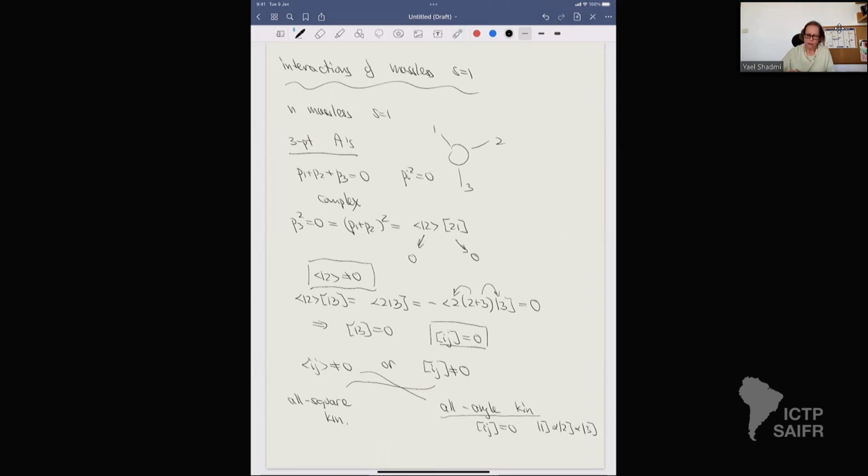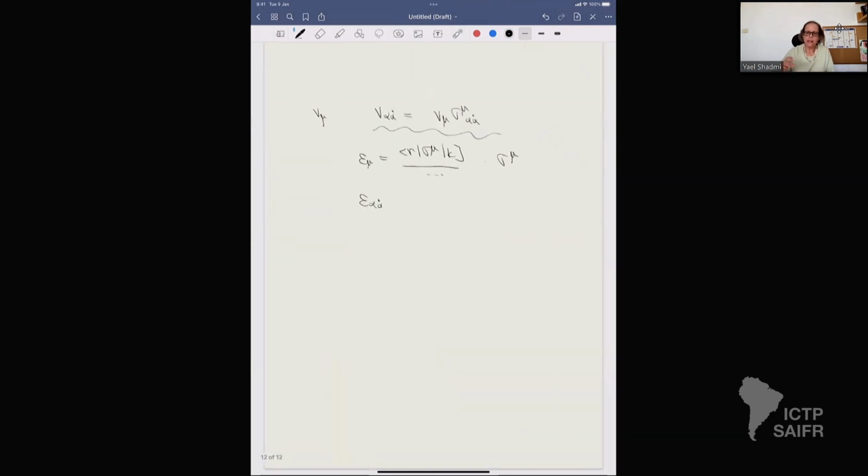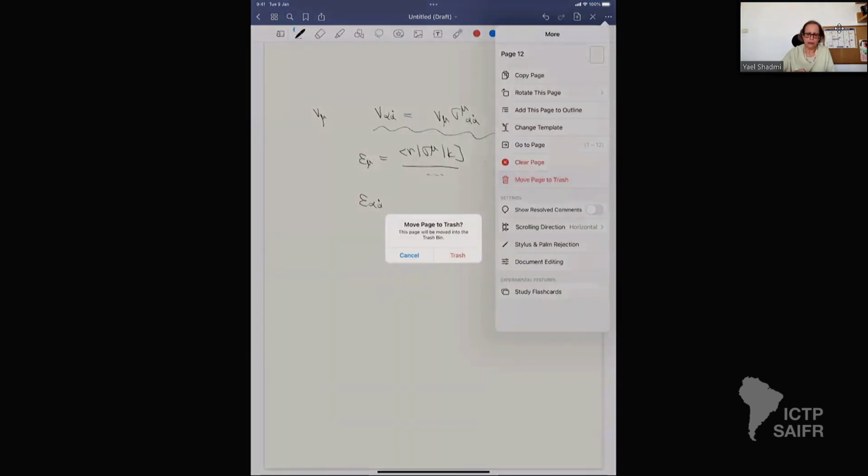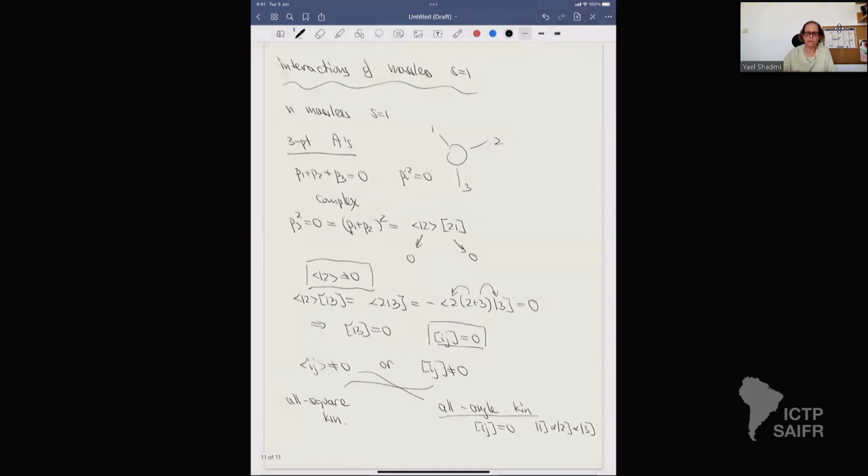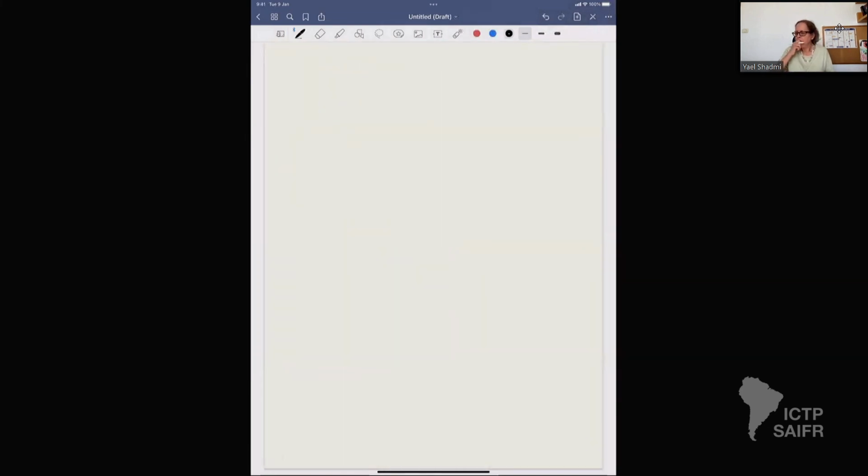Okay, so that's the first thing that we need to know about these amplitudes. But this is really great because now we know that the 3-point amplitudes involve either just angle spinors or just square spinors, and then we can use the little group charges that we talked about before. That's going to completely determine them.